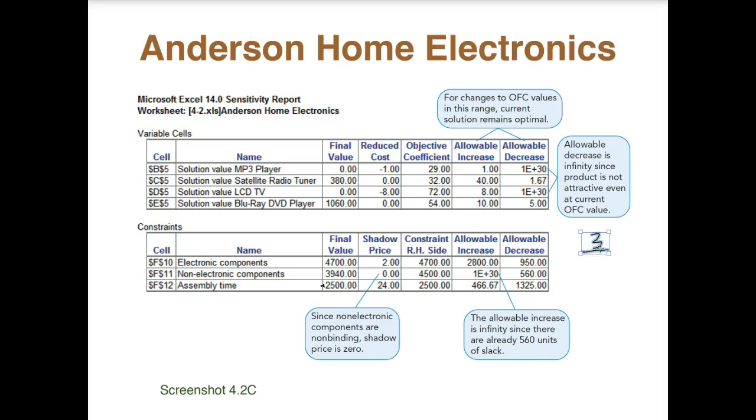All right, so if we look here, we know that if we're wanting to add our digital home theater speaker system to our product mix that we're trying to produce, then we know that from what we saw earlier that we're going to have an addition of 5 electronic components being used per one of these systems, an addition of 4 non-electronic components used, an addition of assembly time of 4 hours.